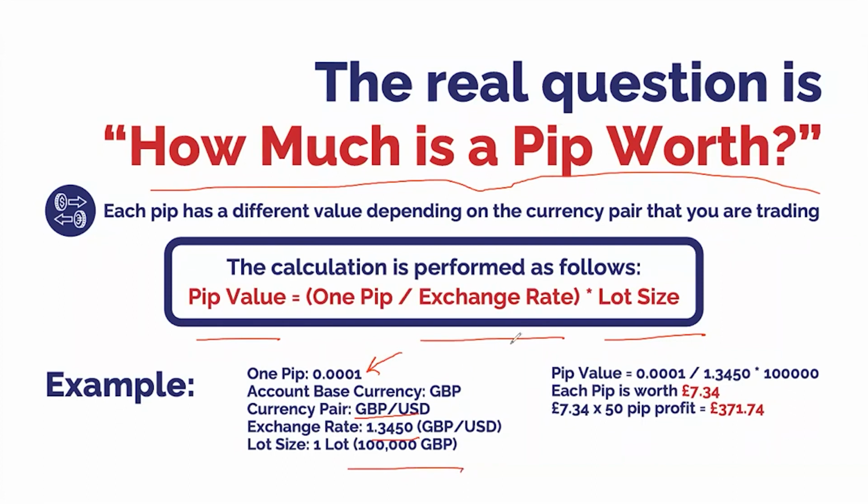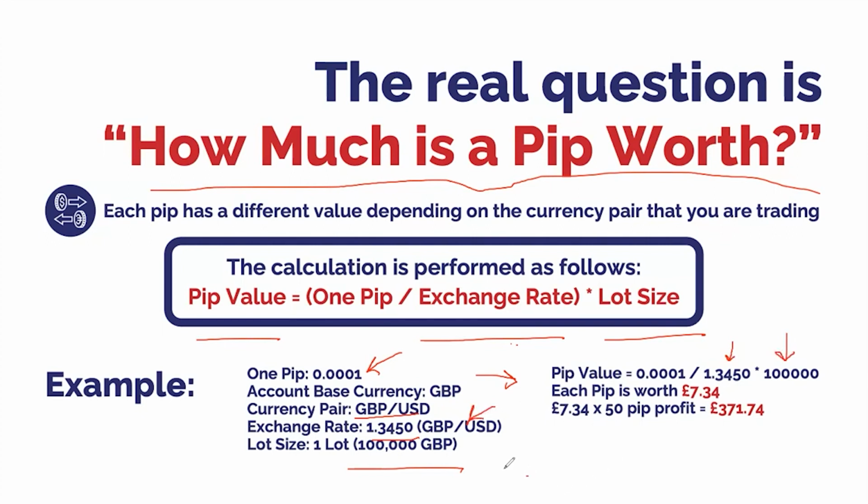So once we have that information, then we move on to how we calculate how much each pip is worth. So we take the 4th decimal place, which is the pip value. We divide that by the exchange rate, which if you remember, it was here at 1.3450. And then we times that by the lot size.